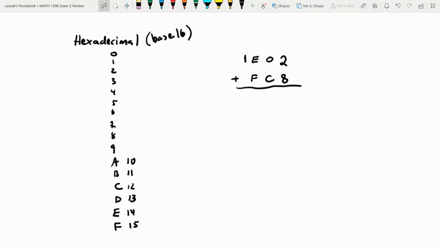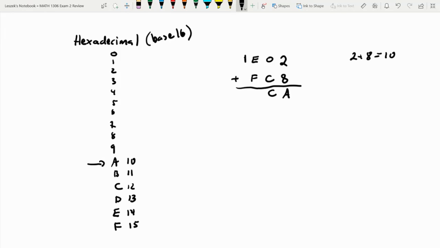So for the first column, we have 2 plus 8, which is 10, which is not at least the base value of 16, right? So we don't have to subtract. But, of course, we don't write 10 down. We know that in hexadecimal, 10 is represented by A. So we just get A, and there's no carry. Okay. Then we have 0 plus C is C. I should have done 1 or something, but oh.